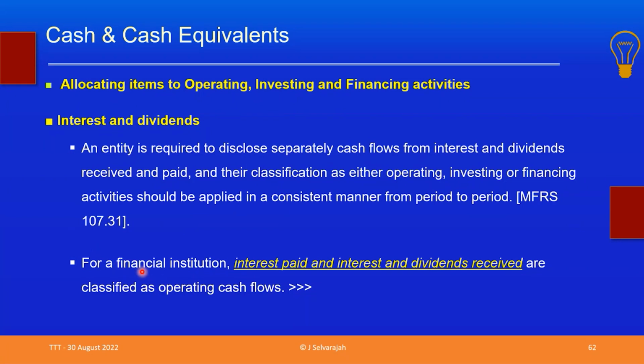Now, for a financial institution, if you're talking about a bank or finance company, that is a different story. Interest paid and interest and dividends received are all part of their operations. They live, breathe, and exist on interest and dividends. That's what they do. They don't have trading profits or contract profits.